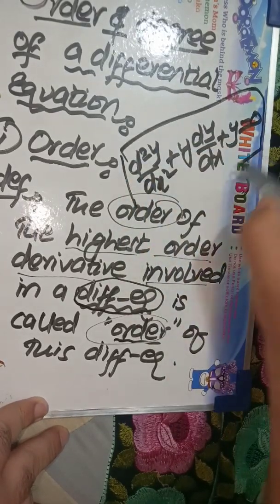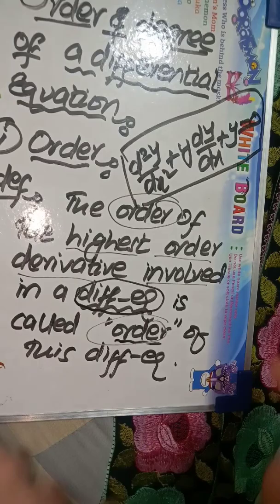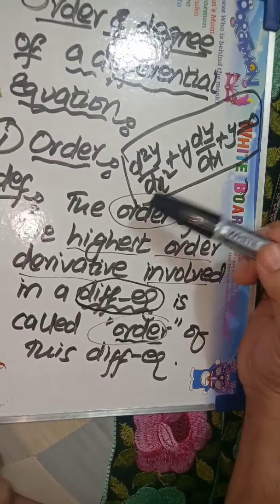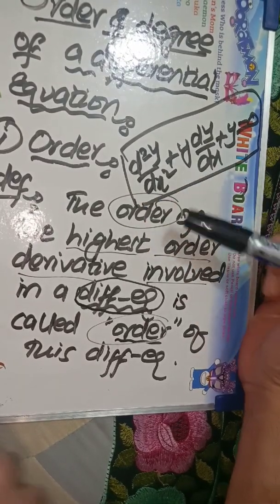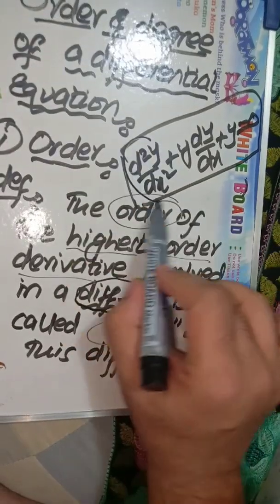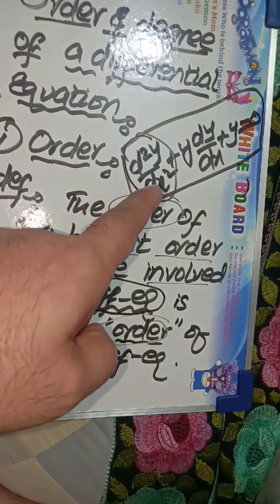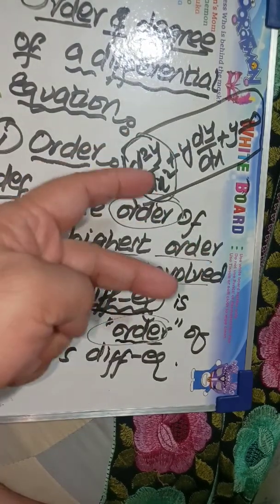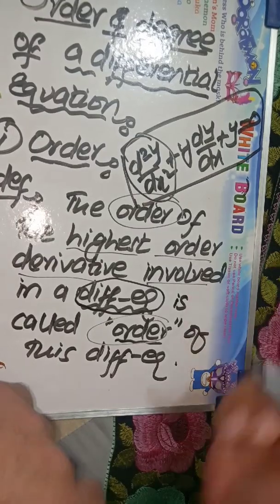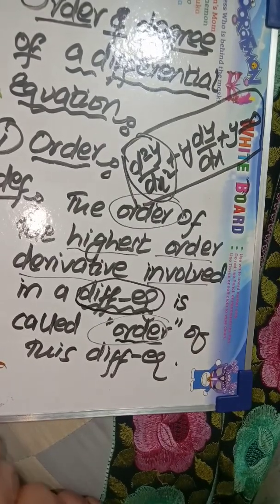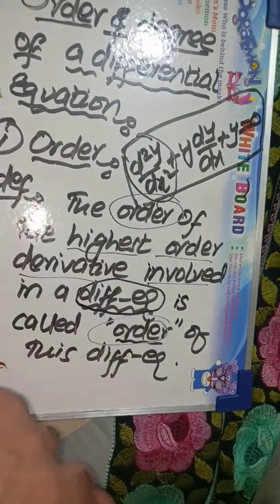So I wrote an example of a differential equation, and from this example you can see that the second order derivative is involved in this equation. So the highest order derivative is this, and the order of the derivative is 2. So the differential equation order is also 2. So order of a differential equation is defined like this.